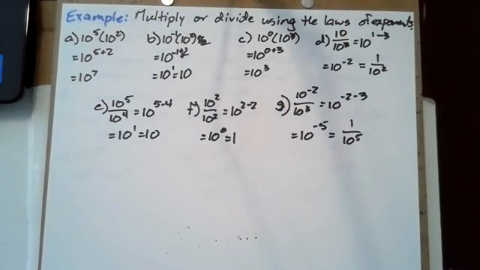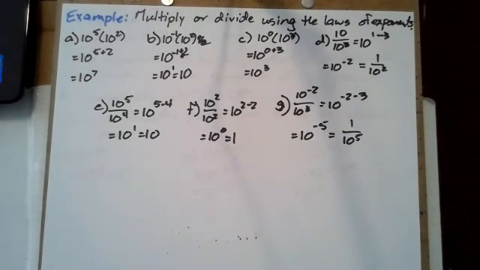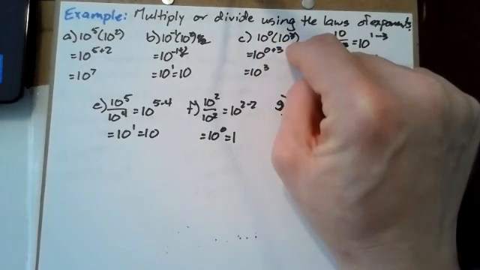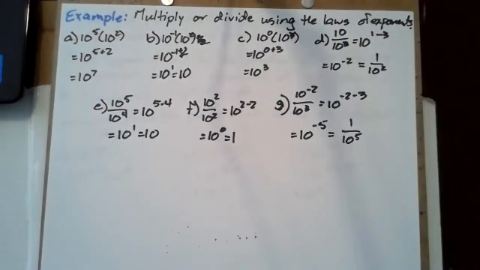And this makes sense because 10 to the 0 we know is just 1, because anything except 0 to the 0 power is 1. If we multiply anything by 1, we get that thing back. So this is 1 times 10 cubed, which is just 10 cubed.